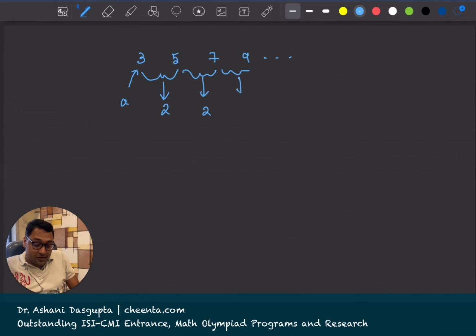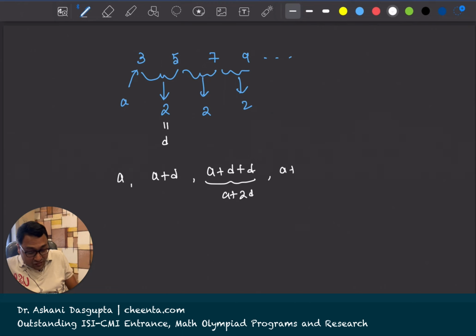If you check, the difference of any two consecutive terms is 2 in this particular example. So algebraically, if this common difference is D, we can write the sequence as A, A plus D, A plus 2D, A plus 3D, and so on. That's how we can describe an arithmetic progression algebraically.